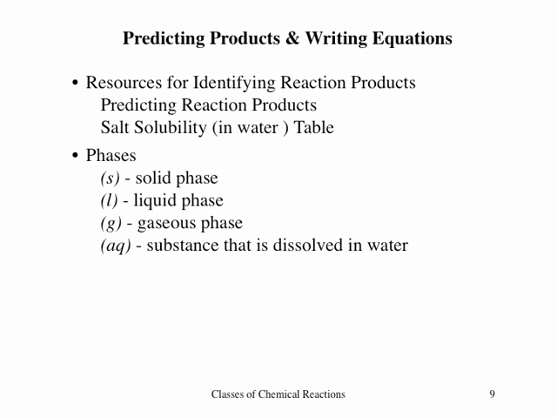Two resources can help identify the products formed in a chemical reaction. The resource Predicting Reaction Products provides useful rules for product formation when reacting certain kinds of substances. The salt solubility table helps identify a precipitate if a solid is formed during a chemical reaction.